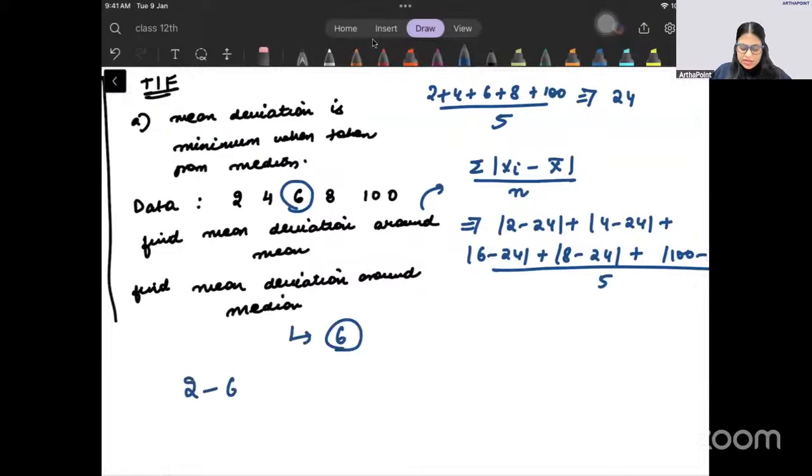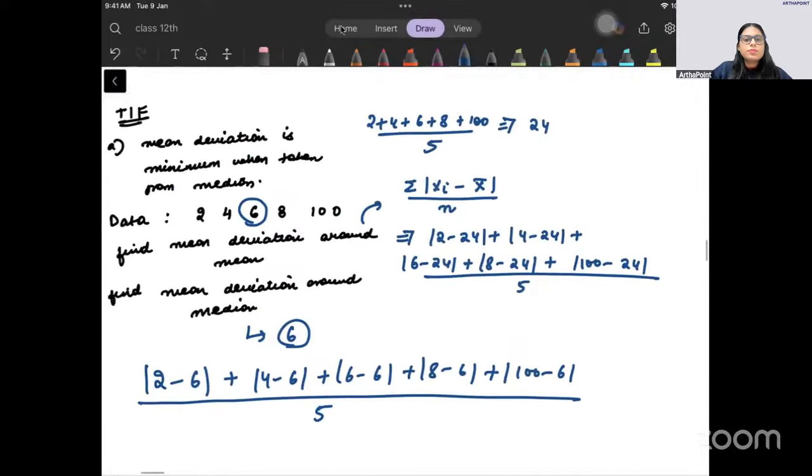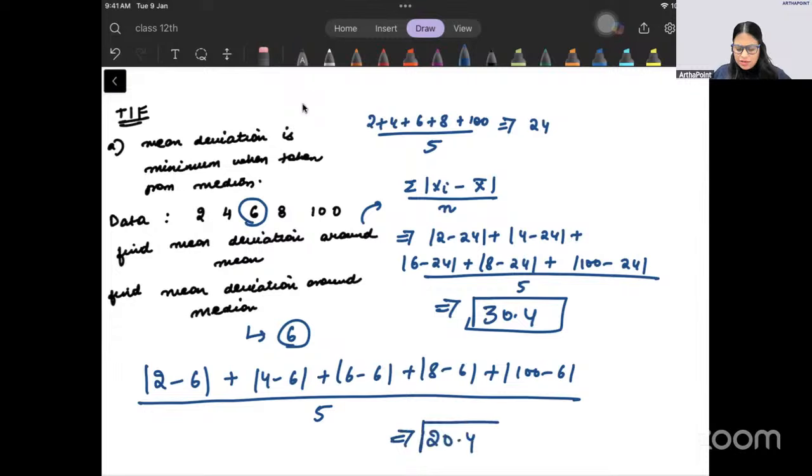So |2 minus 6|, |4 minus 6|, |6 minus 6|, |8 minus 6|, |100 minus 6| divided by 5. Tell me the answer for both. Okay, for the first one, it is 30.4. What about the second one? 20.4. Is it less with mean or median?